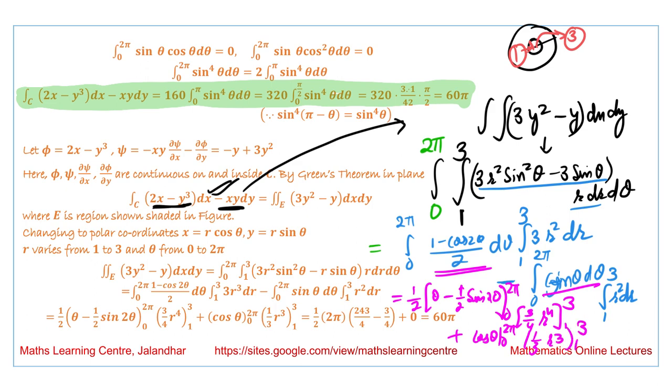On evaluating this result, the answer you obtain is 60 pi. So in both these cases the final answer we obtain is equal to 60 pi. Hence Green's theorem is verified.